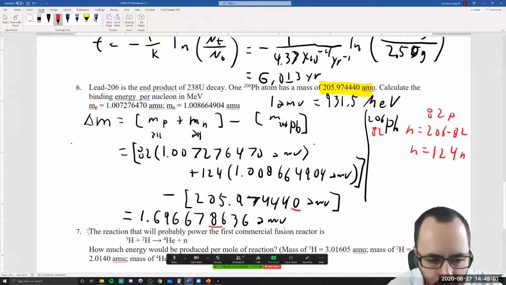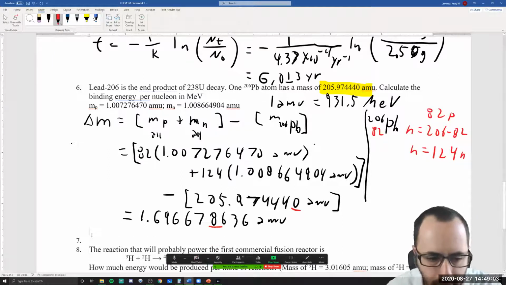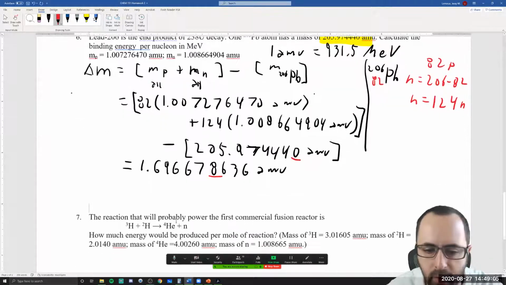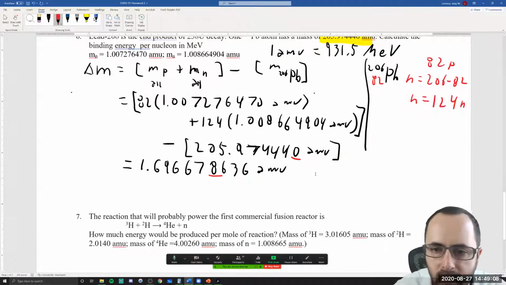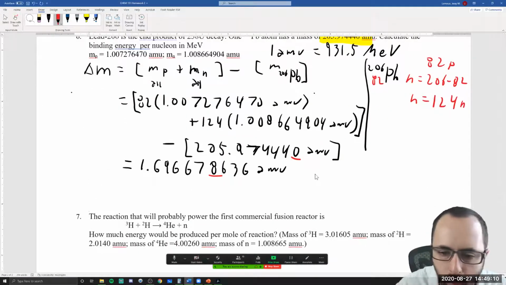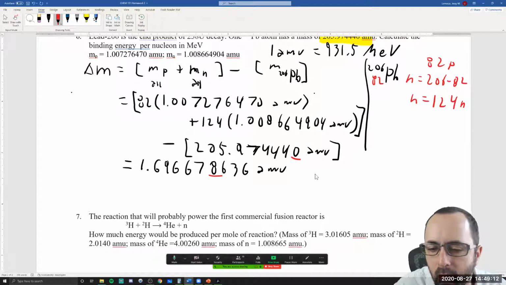And then what we're going to do is now convert this to mega electron volts. This is for all of the nucleons. Let's just get it per nucleon first, or we could do that at the end. Either way, it doesn't matter. You can convert to mega electron volts first, then divide by the number of nucleons. Let's do that.